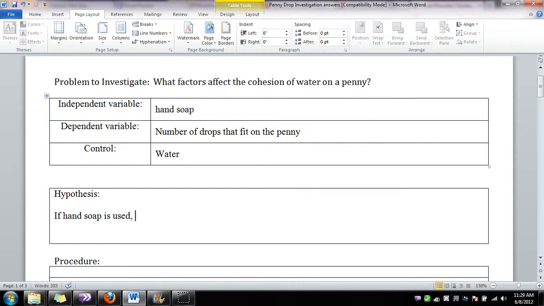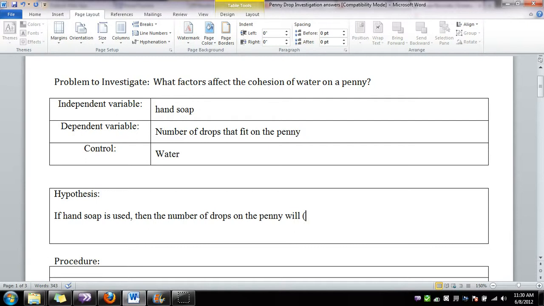If hand soap is used, the next term would be then, the, and here's where you put in the dependent variable. The number of drops on the penny will, and in this particular point, you need to choose increase or decrease. Do you think there will be more drops of hand soap that fit on the penny or more drops of water?